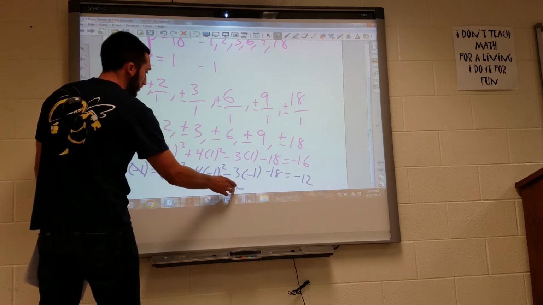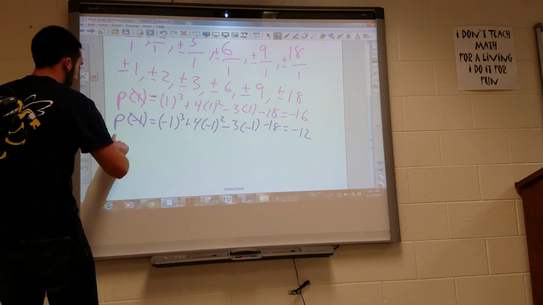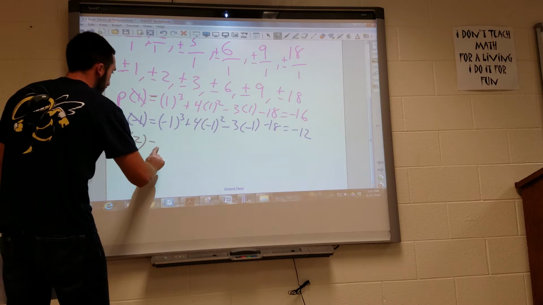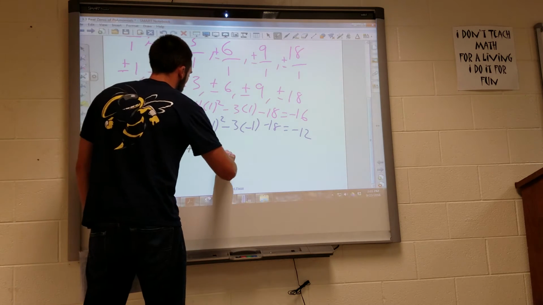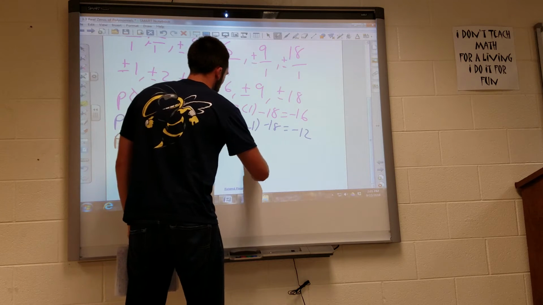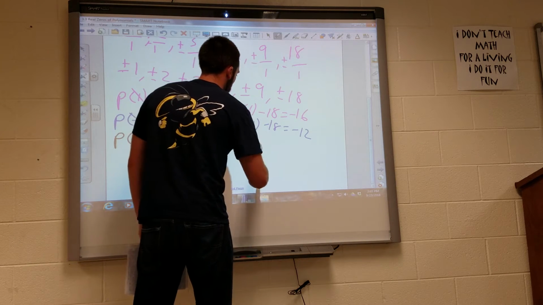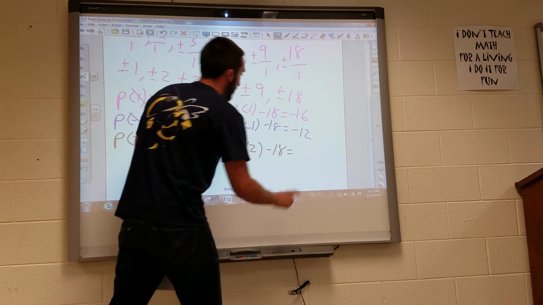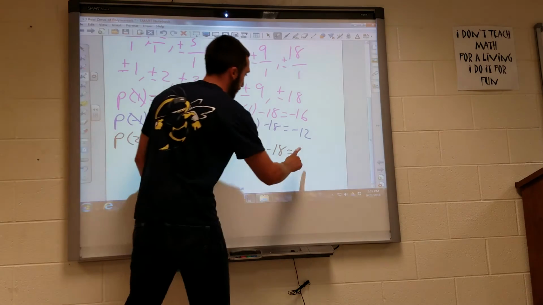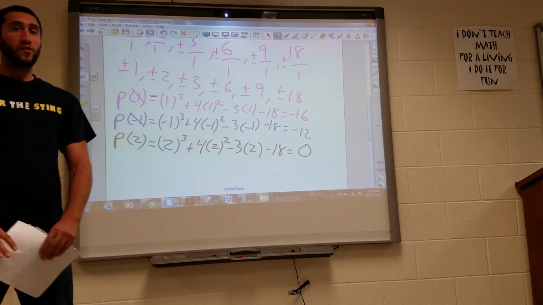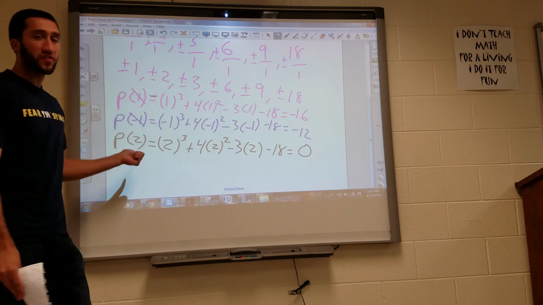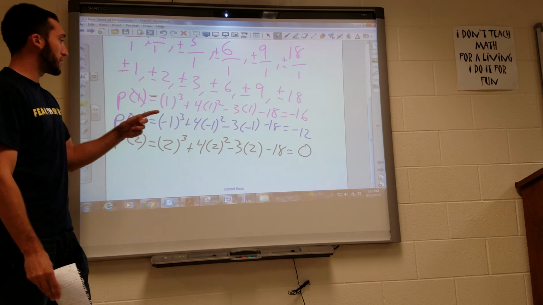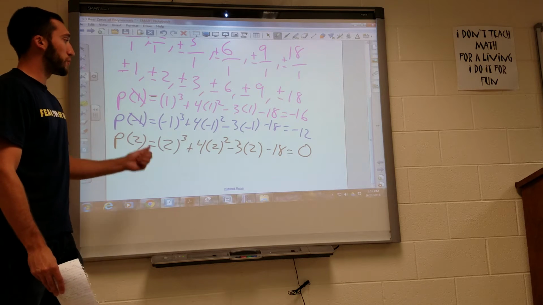The positive 2. So I take p of 2. So I take 2 cubed plus 4 times 2 squared minus 3 times 2 minus 18, and that gives me a value of 0. So here I have found my first zero is a positive 2. So plug a 2 in this equation, I end up with 0.